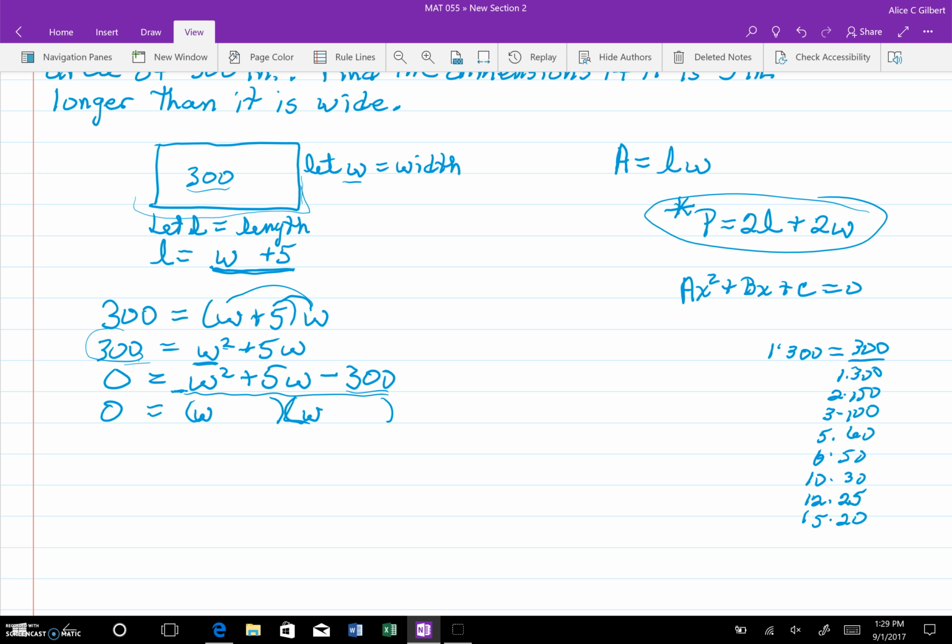And I already wrote 20. So here's my pair, actually, that I need. Looks like it's going to have to be a negative 15, positive 20. When I add these two together, I get positive 5, and that's what I want.